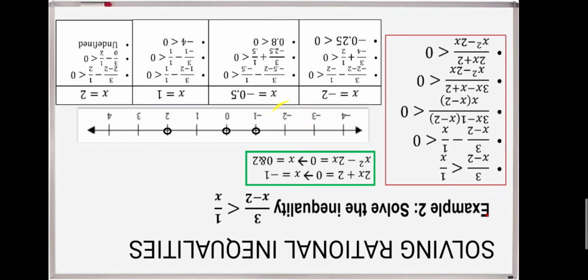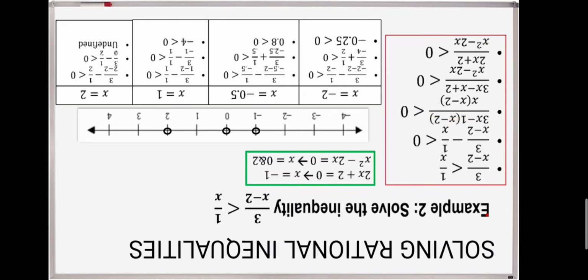Okay? So negative 2, using the given inequality, we have 3 over negative 2 minus 2 minus 1 over negative 2 is less than 0. Okay, so here we use this one, so that is the same.